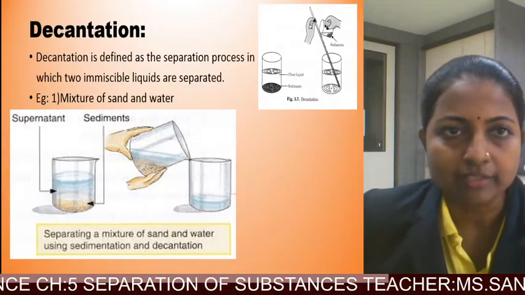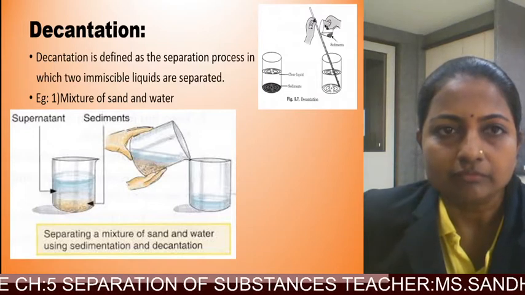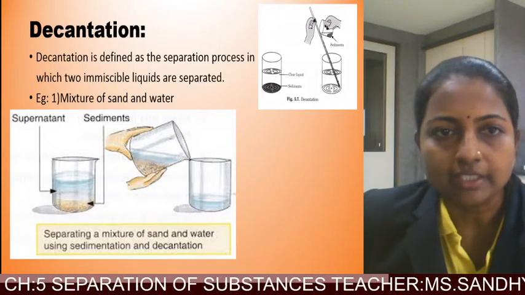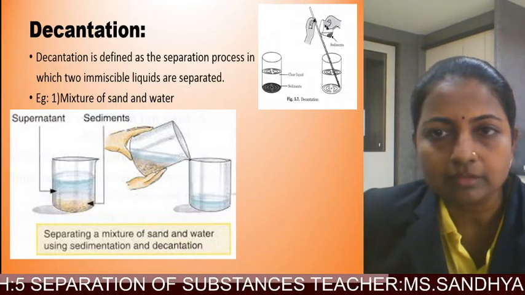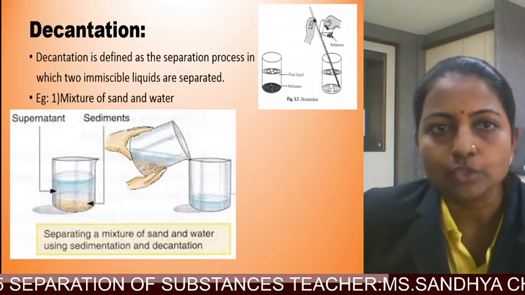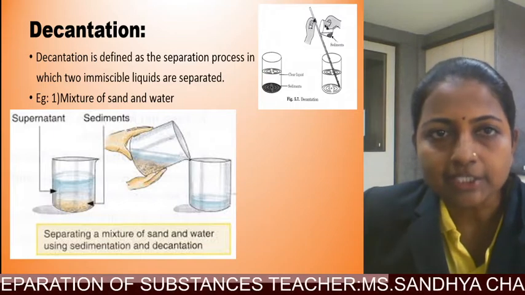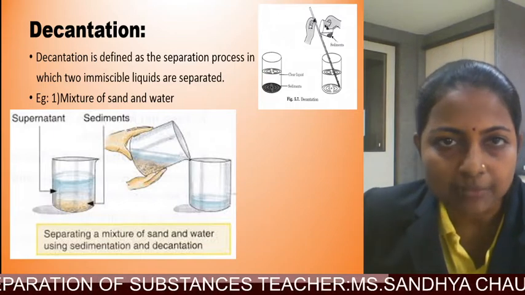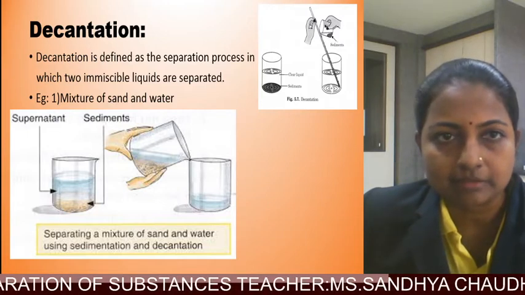In the decantation method, the clean water we are getting after the sand settles down in the beaker, at the top we are getting clear water. That water should be separated from the sand particles. So decantation is defined as the separation process in which two immiscible liquids are separated.